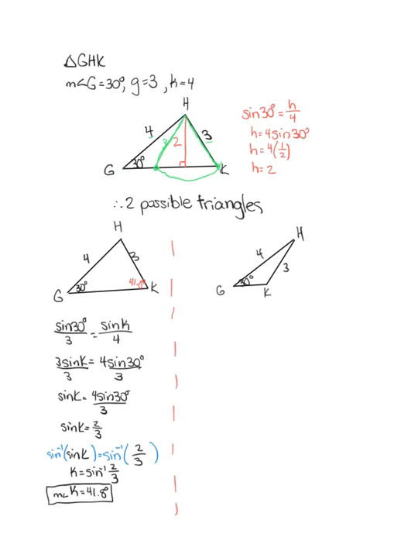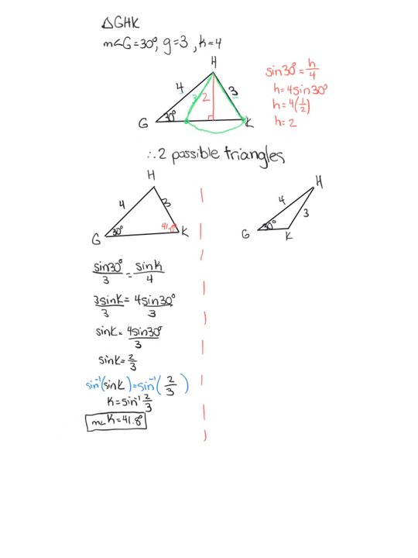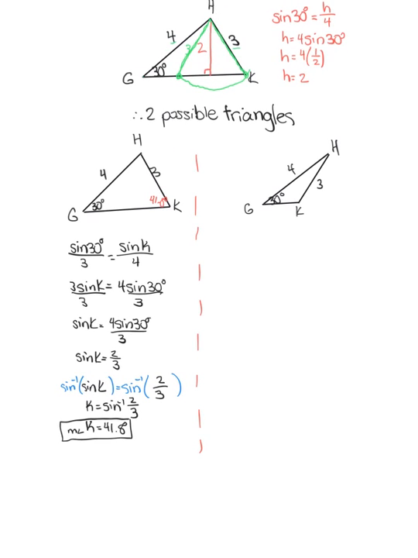Now if I'm looking at this triangle, the next easy thing to solve for would be angle H, because I know the three angles in a triangle add up to 180.